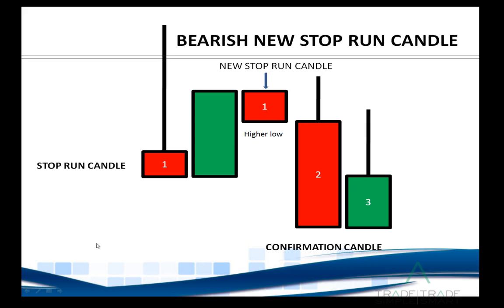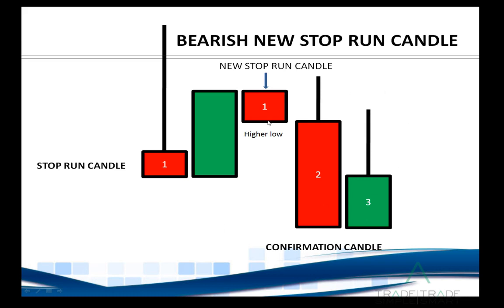Now it's not a requirement that the new stop run candle has penetrated the identified manipulation area. The fact that we already have a stop run of the area means that the smart money have already absorbed the orders and we're simply waiting for the confirmation of the run.